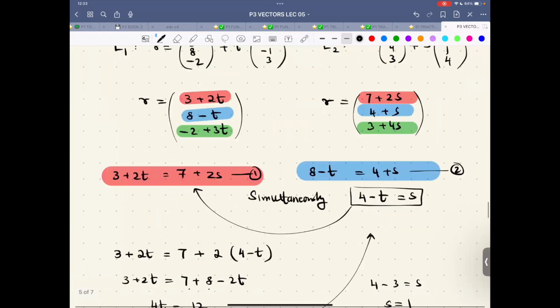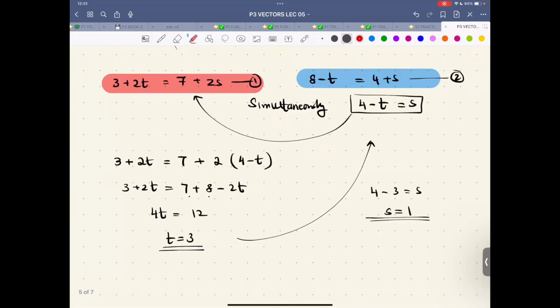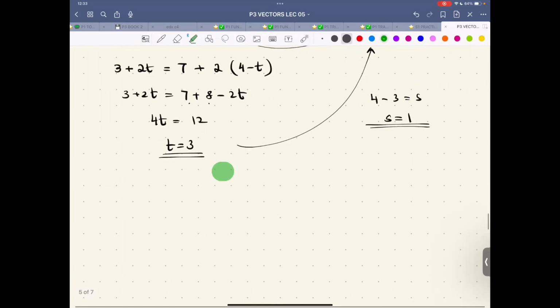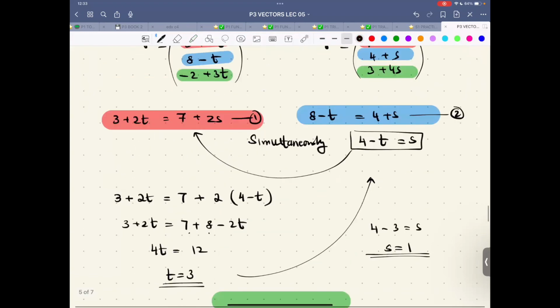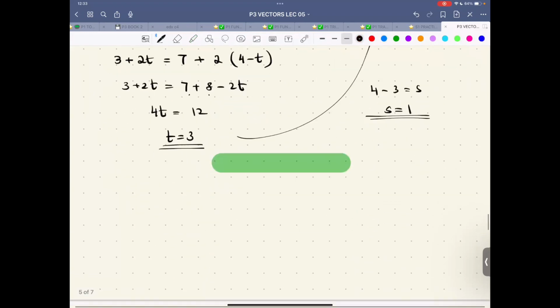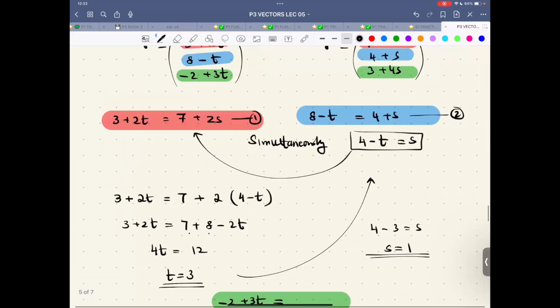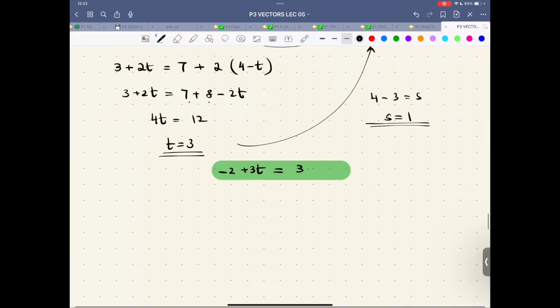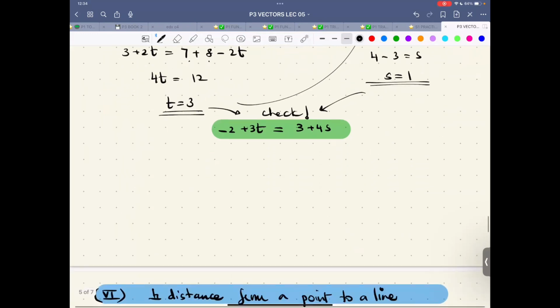Now, what is the third equation for? The third equation is for checking. So now the third equation is minus 2 plus 3t, is it equal to 3 plus 4s. Plug in, and check whether it's valid for all three equations.